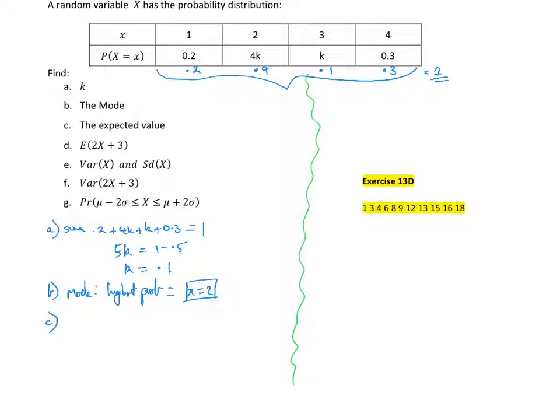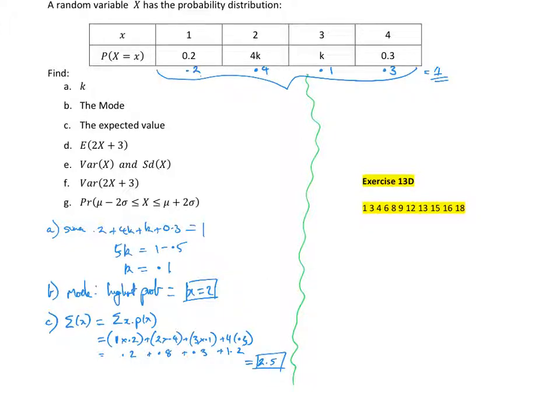The expected value is E of x, and that's just equal to the sum of x times P of x. Remember, so that's the x value 1 times 0.2, plus 2 times 0.4, plus 3 times 0.1, plus 4 times 0.3, which is 0.2 plus 0.8 plus 0.3 plus 1.2, which is equal to 2.5.